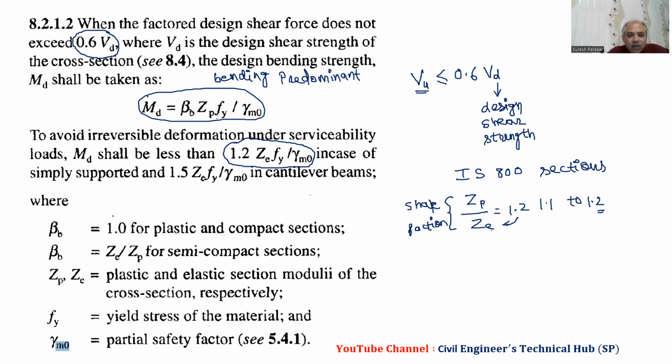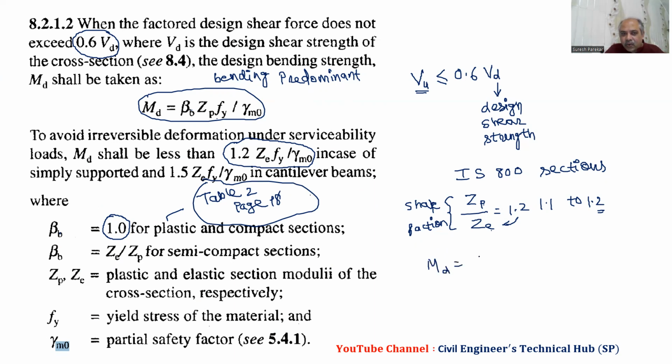Beta B is 1 if our section is plastic or compact. This we see from Table 2, page number 18, and from there we have to decide whether the section is plastic, compact, or semi-compact. If the section is semi-compact, then my formula becomes a different formula. I can write both formulas.